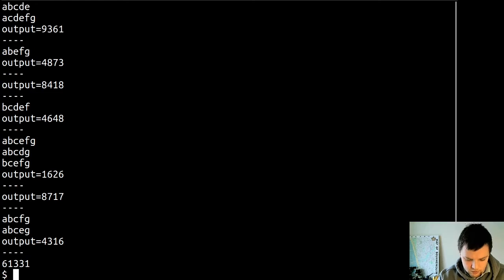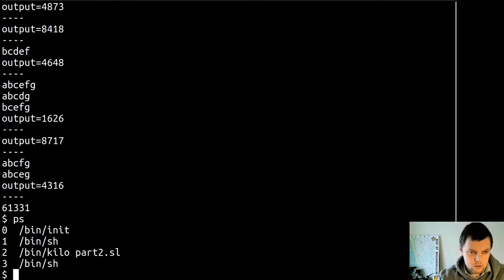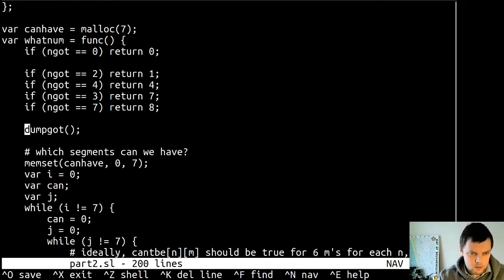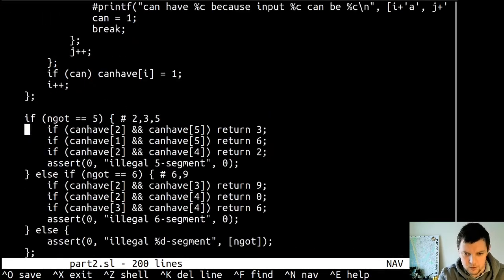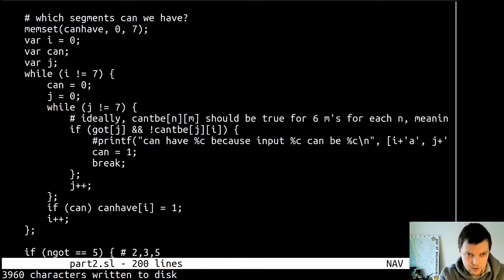Because all three that it's got wrong are printing a 6 instead of a 5. Let's see if I accidentally wrote a 6 where I should have written a 5. Yes, I did. Great work, Jess. Well done.